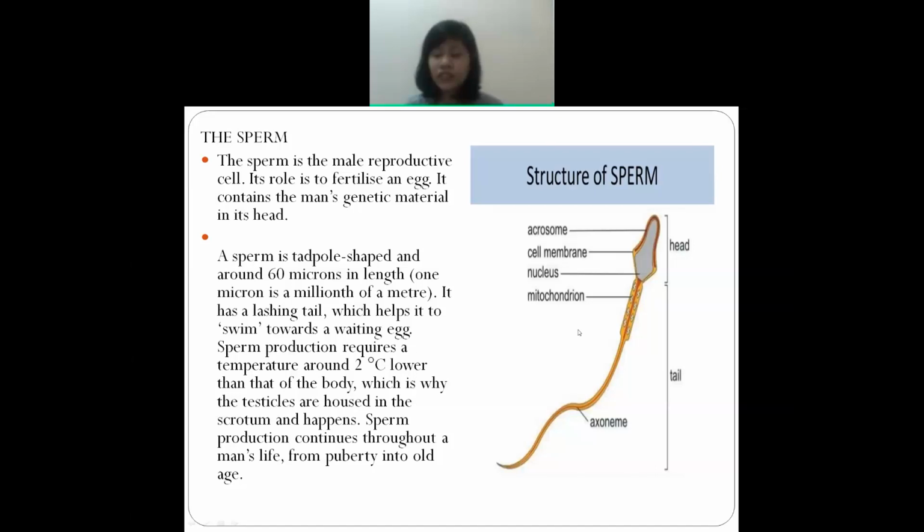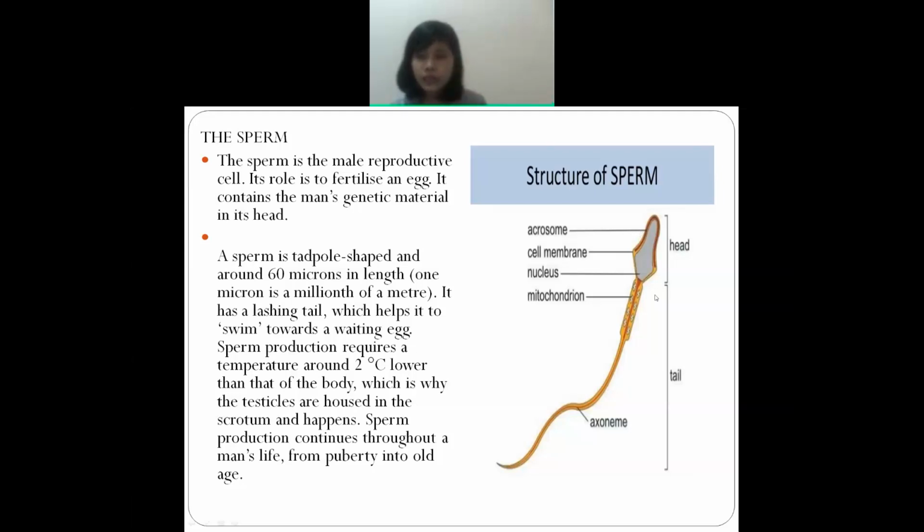So the shape of the sperm is just like a tadpole, and around 60 microns in length. The length means how long it is, so the length is 60 microns.